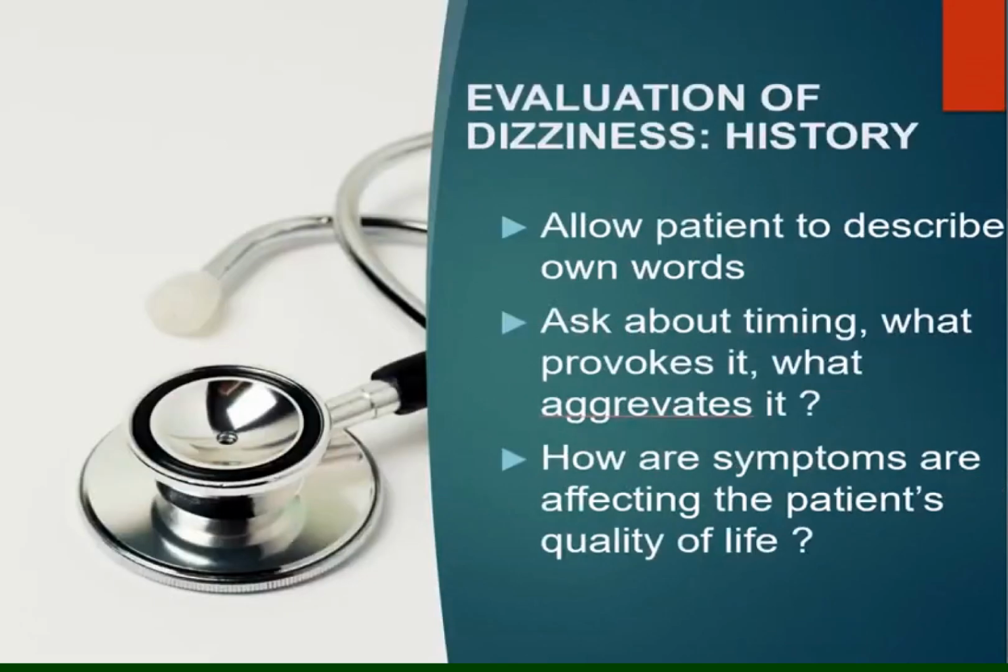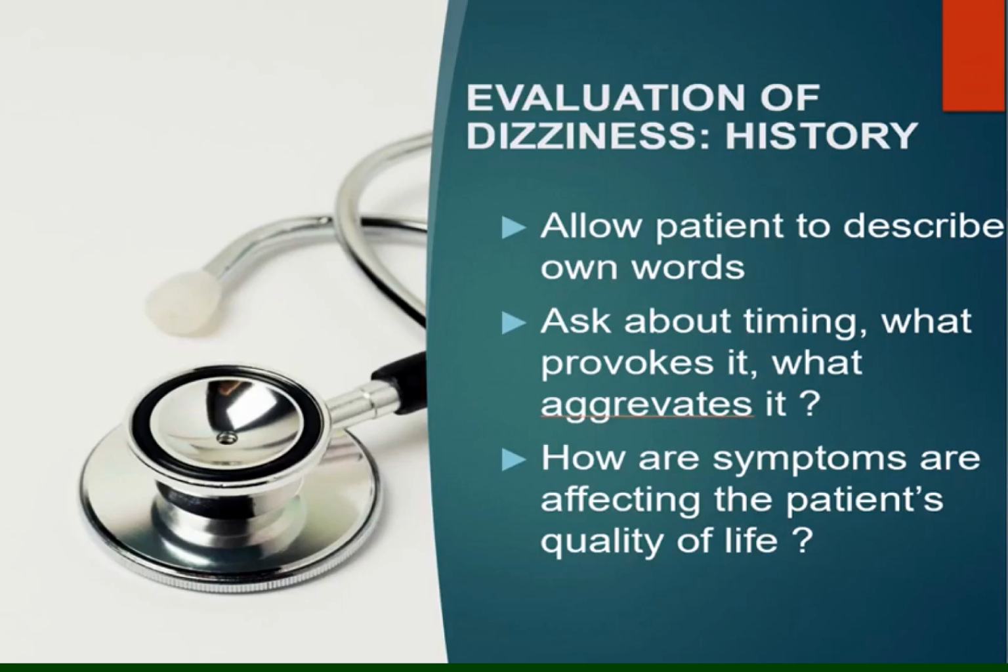So I'd like to move on to the evaluation of dizziness, and the history is critical. It's important to have the patient describe in their own words without much prompting how they would describe their condition. And then you want to ask them more about timing, what provokes it, and what will exacerbate it.